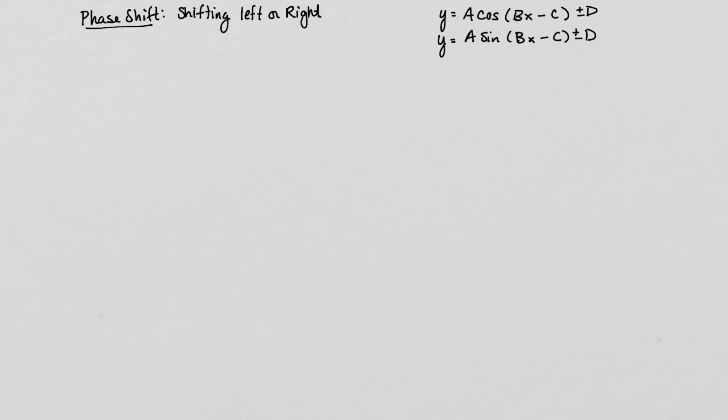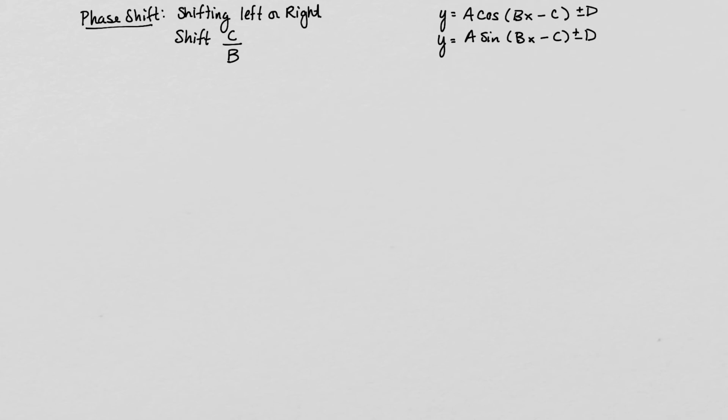And the amount we shift is c over b. So we shift c over b. If c is positive, we're going to shift to the right. If c is negative, we're going to shift to the left.